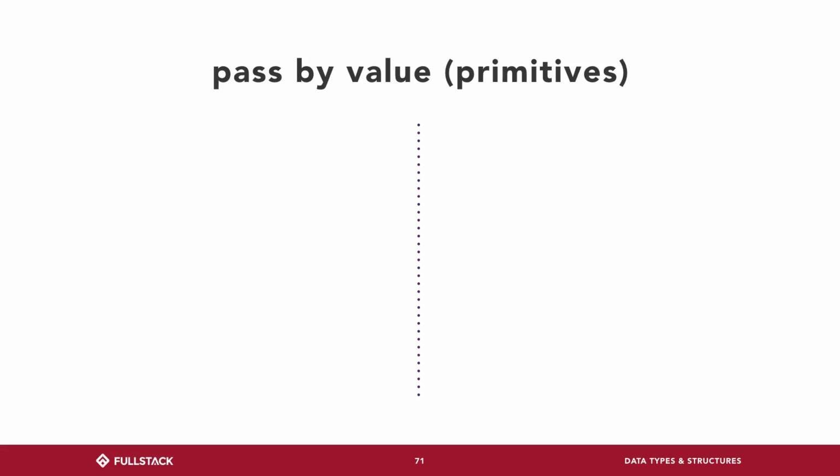So if I have some JavaScript, I'm going to have a function, and my function is going to be called add x. Now I'll make this an arbitrary function that I'm just going to call f. It's going to take an x, and it's going to return x plus 1.